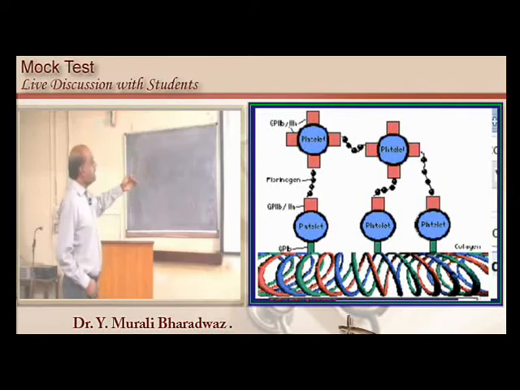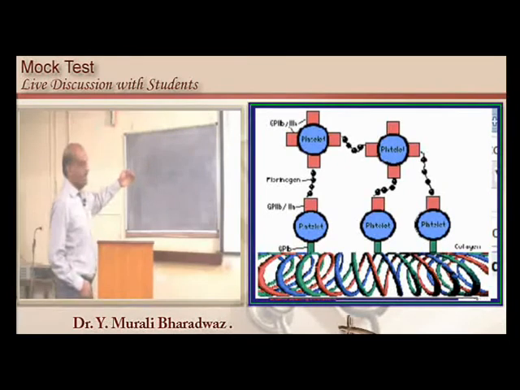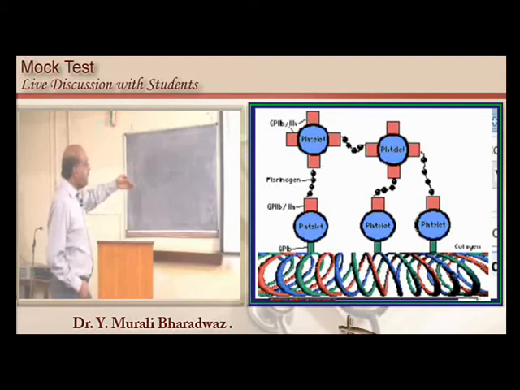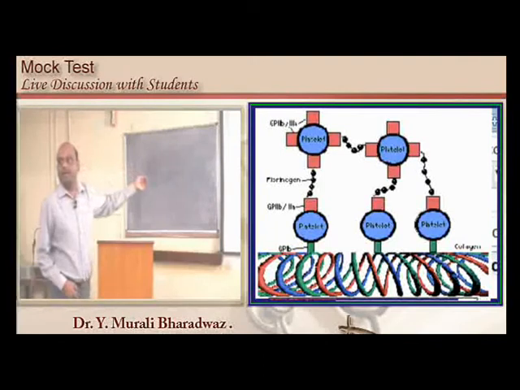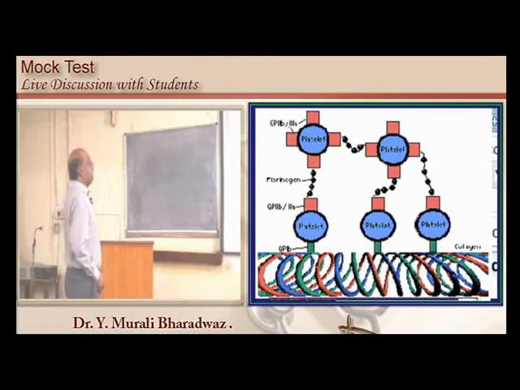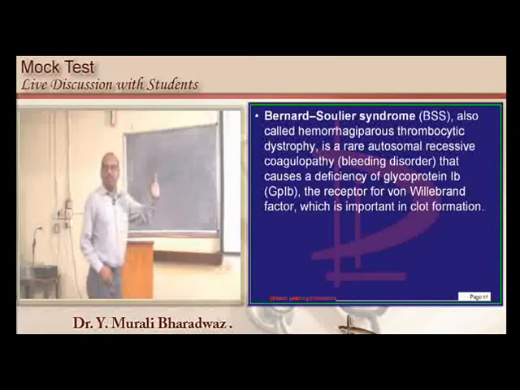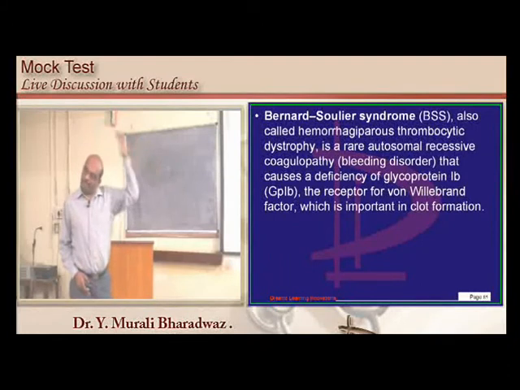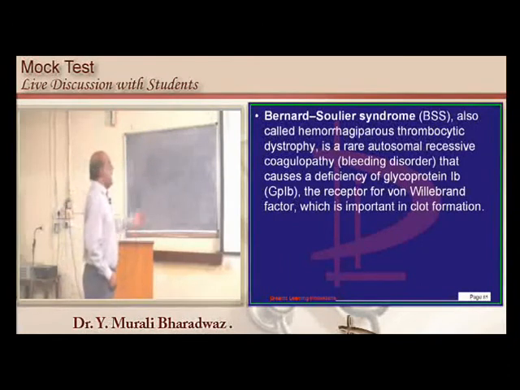Then the platelet has to bind with collagen, and for that you require von Willebrand factor and also the GP1b receptor. That is the fundamental point of interest. So Bernard-Soulier means what? Von Willebrand factor is present but GP1b is missing. Von Willebrand disease means GP1b is there but von Willebrand factor is missing, and GP2b3a missing is basically Glanzmann's thrombasthenia.